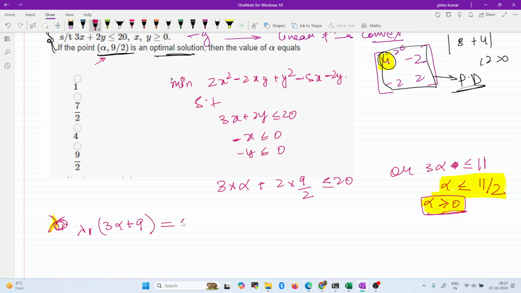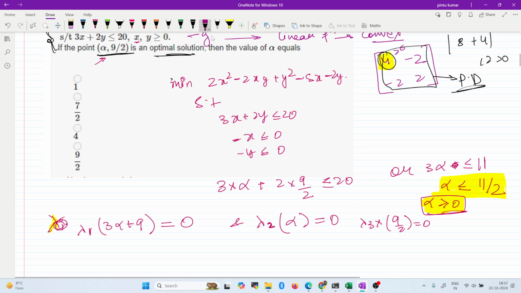This thing should be 0. And what does this say? Lambda 2 multiplied by x, x is your alpha, this should be equal to 0, right? And then again, lambda 3 multiplied by 9 by 2 should be equal to 0.